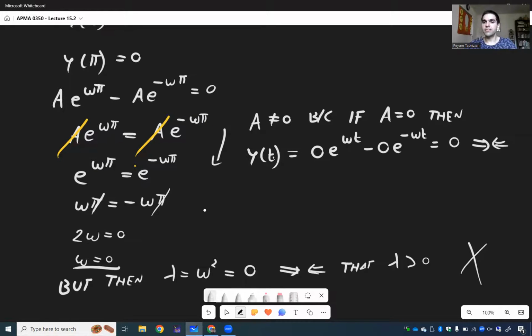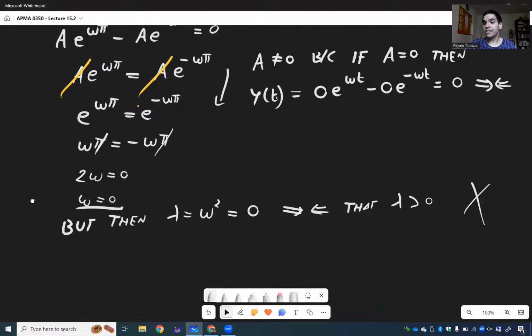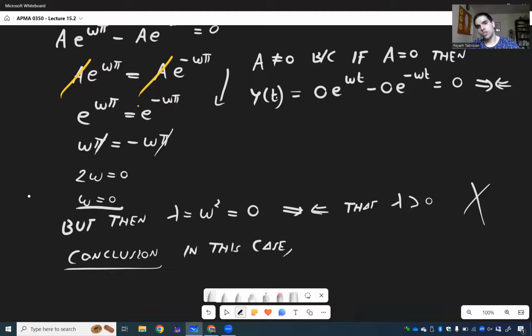So in this case, what we can really conclude is that there are no non-zero solutions, because if we assume there's a non-zero solution, we find this contradiction.